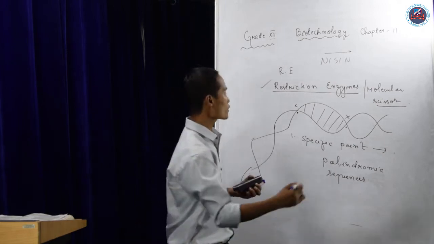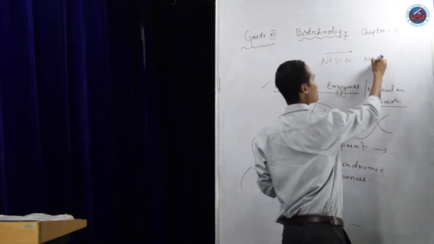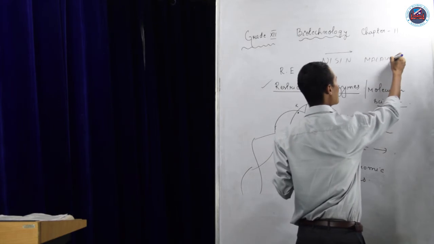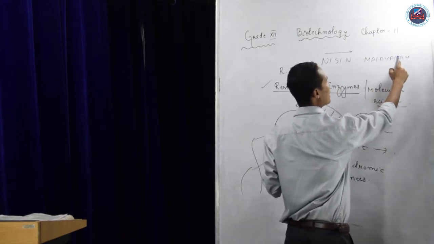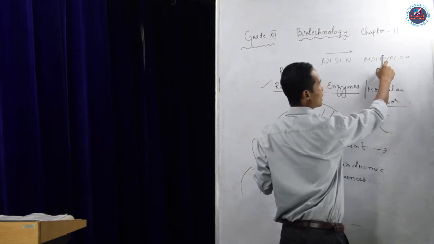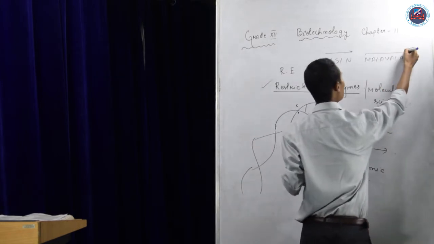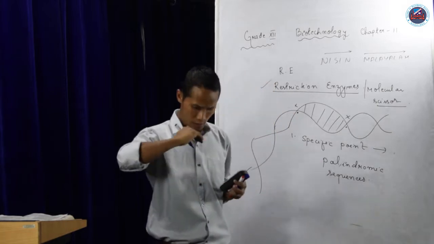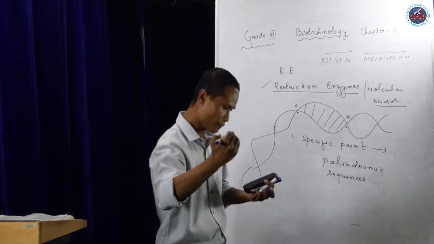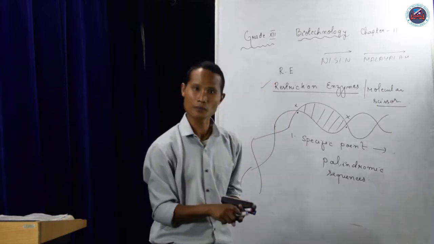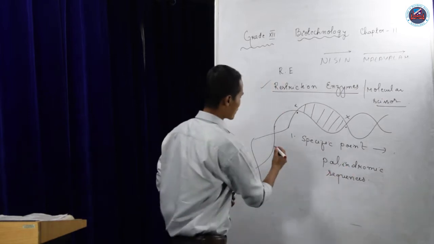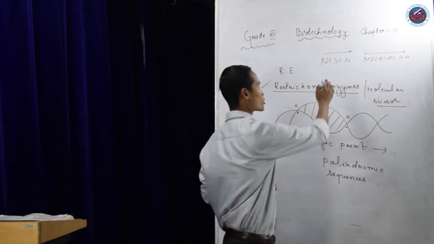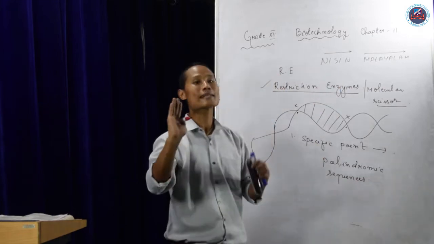Or we can say Malayalam, M-A-L-A-Y-A-L-A-M. It reads the same forward and backward. So that is said to be a palindromic sequence. Let me write one sequence. Don't think that those names are there in the DNA, I'm just giving an example.